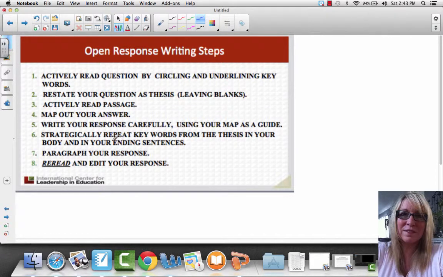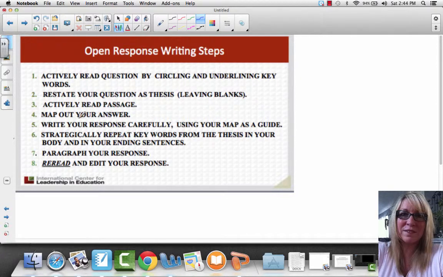But first, we want to explain how this connects to the writing. Let's take a look at the open response writing steps and see where we are at this point. We have already completed numbers 1, 2, and 3. Having actively read the question, understanding what the question is asking, and actively reading the passage. So now our next step is to map out our answer.